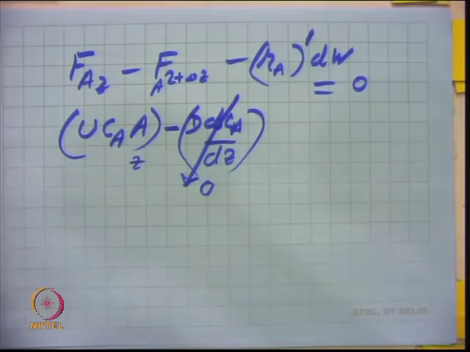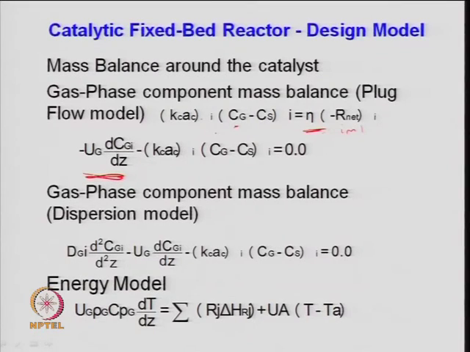The area of cross section is constant. So, one can have the expression, because this is given in terms of W, which is the mass of the catalyst; one can write it in terms of the density of the catalyst and the volume of the reactor. In that case you have minus U_g dC_g by dZ. This is the convective term, and this is your disappearance, which has been written in terms of the mass transfer, the same term, right.